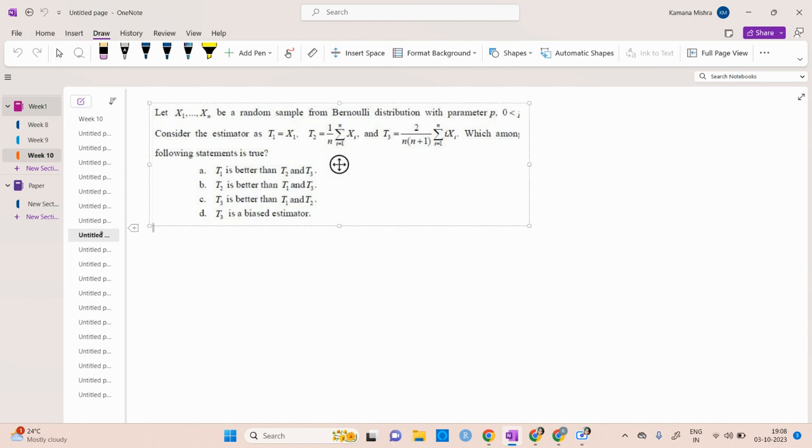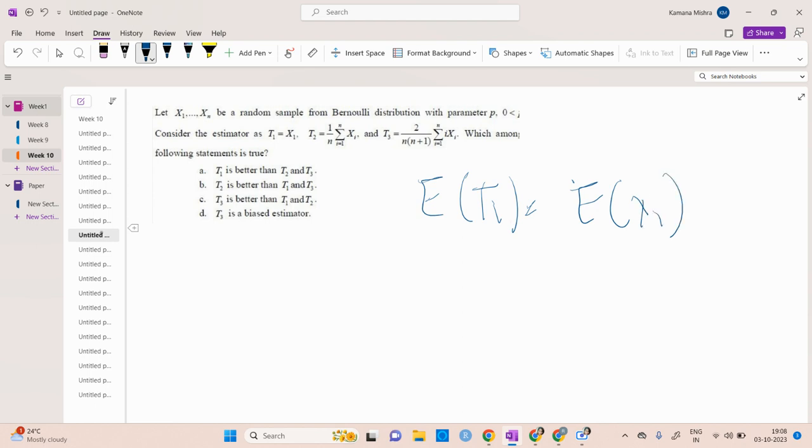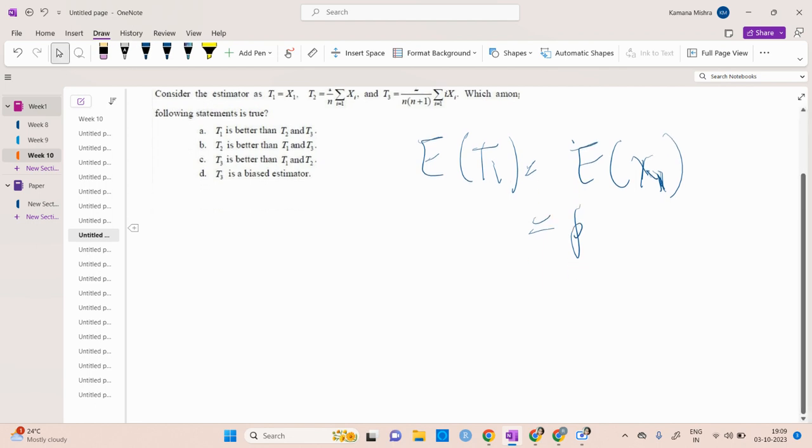So expectation of T1 is equal to what? Expectation of X1. Now X1 is Bernoulli distribution with parameter p, so its mean will be p. So it is the unbiased one.